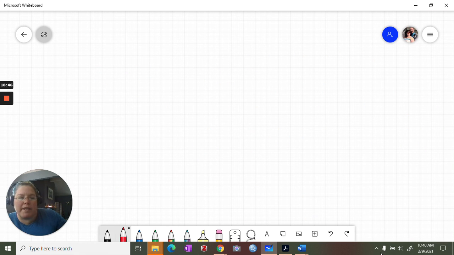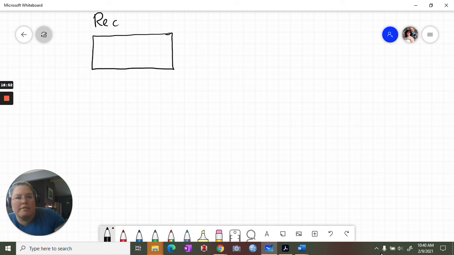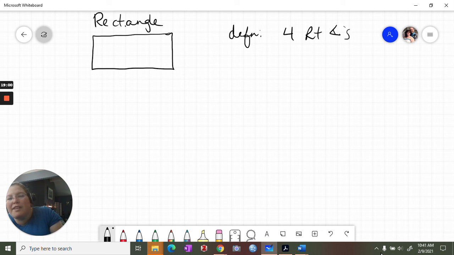What changes for rectangles? Well, let's look at a rectangle. Definition of rectangle: a quadrilateral with 4 right angles. Now, if you look at this, this means my consecutive angles are supplementary.